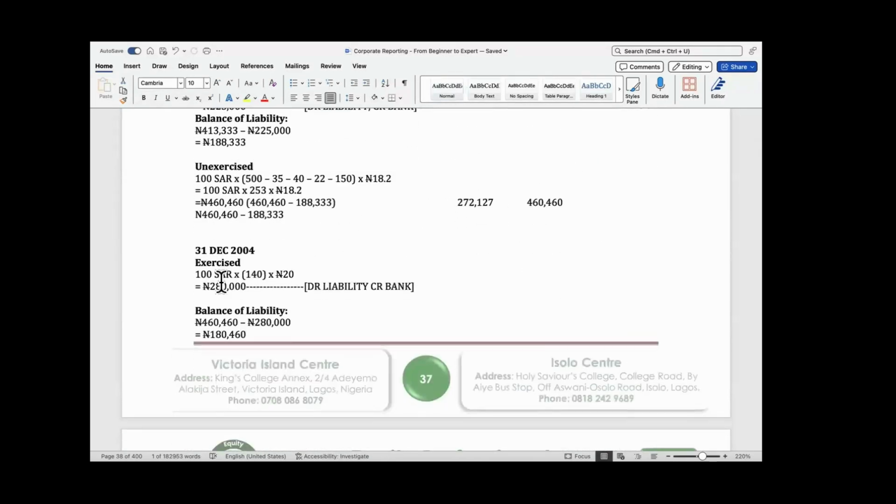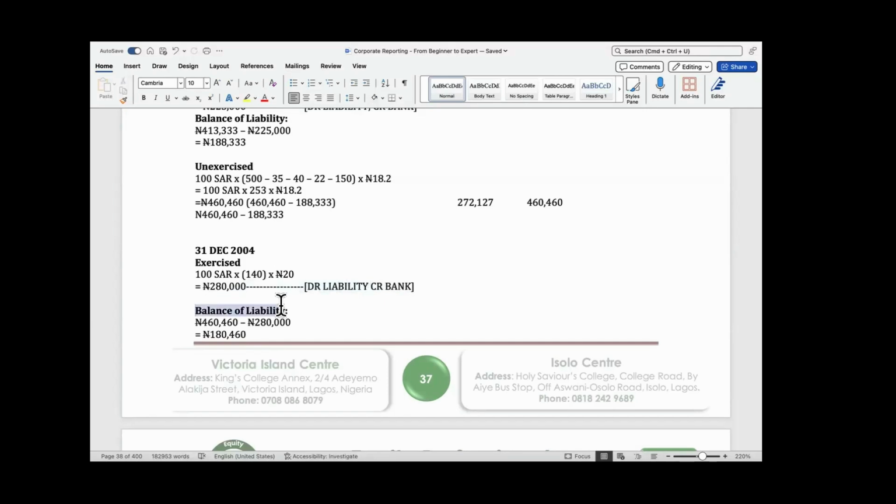If you punch your calculator it gives you 280, which means that out of this liability of 460,460, we would have to pay 280,000. So our liability is reducing by 280,000. We debit liability, we credit bank.